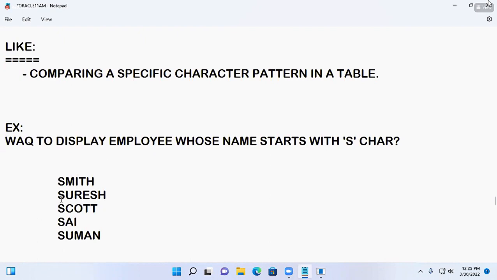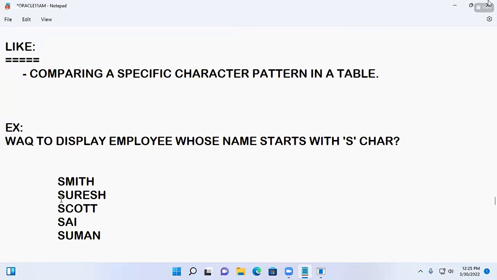All people's names are not the same. Different names, different spellings: Smith, Suresh, Sai, Scott, Suman. Finding all of that manually is a lot of time-consuming process.